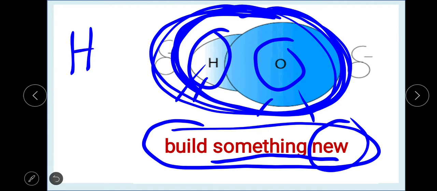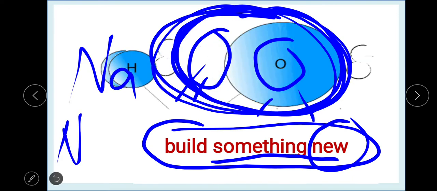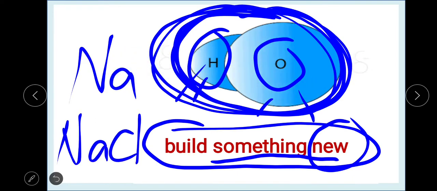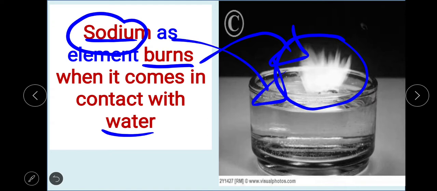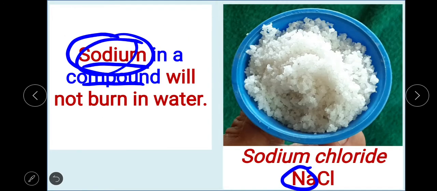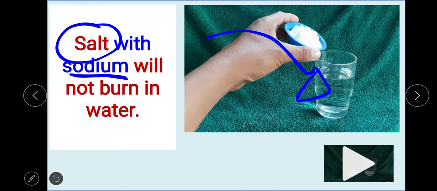Sodium, Na, burns in contact with water, but sodium in sodium chloride will not burn in contact with water. Sodium alone burns in water, but sodium in a compound, NaCl, will not burn in contact with water because sodium here in salt is different from the sodium as an element alone.